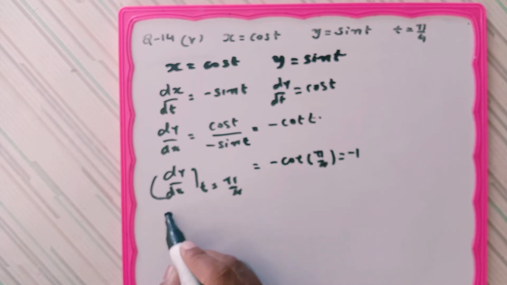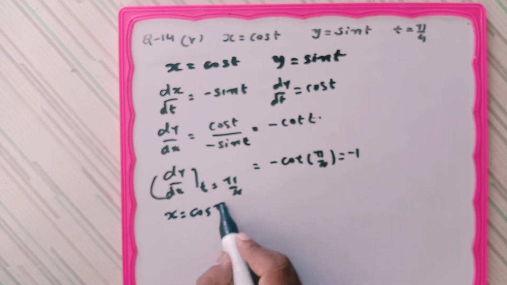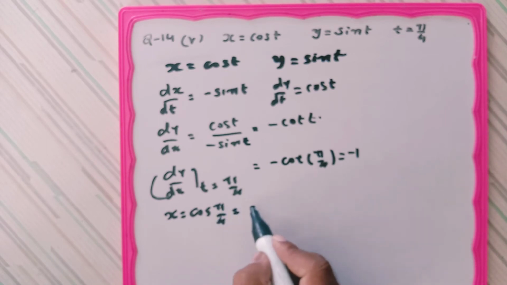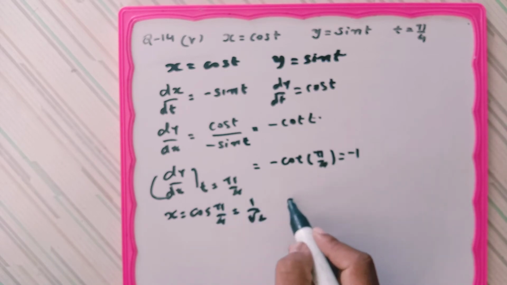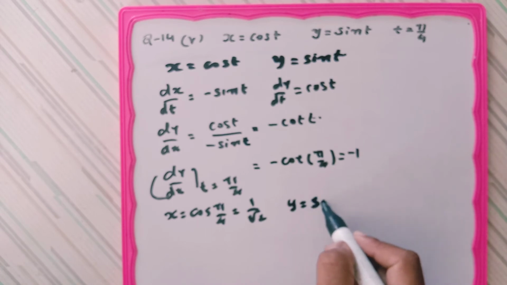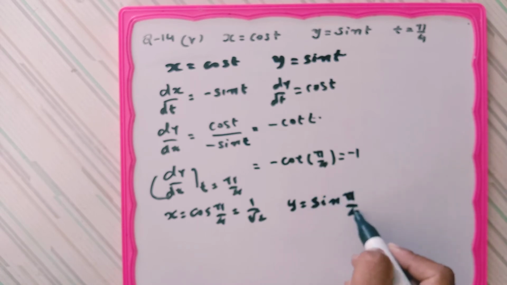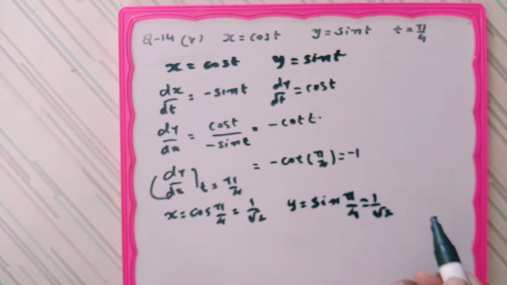And so x equals cos pi by 4, which is 1 by root 2, and y equals sin pi by 4, which is also 1 by root 2.